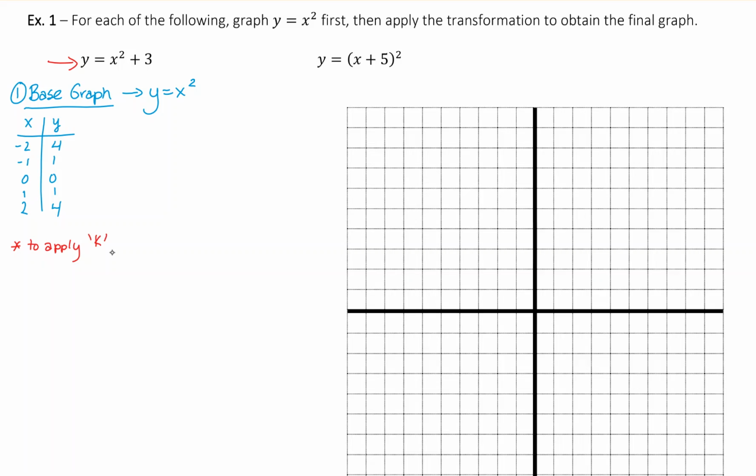What we want to do is, because it affects our graph on the y-axis, meaning it moves it up and down, to apply k, add your k value to each of the y values in your first table.